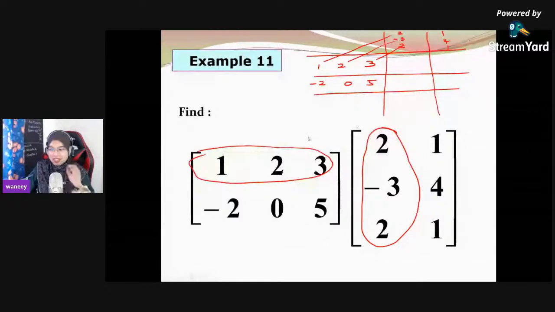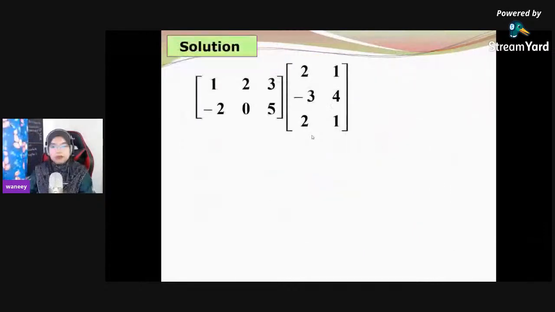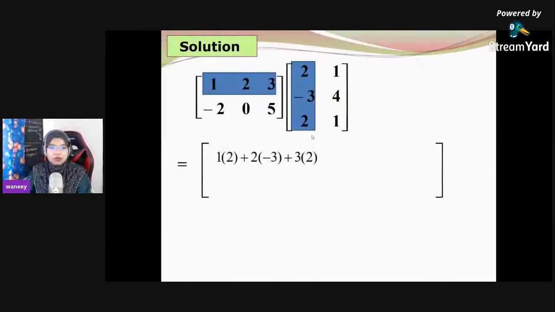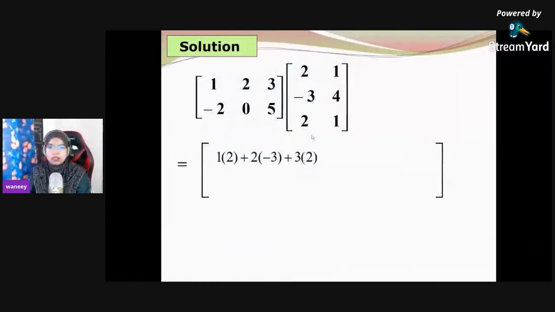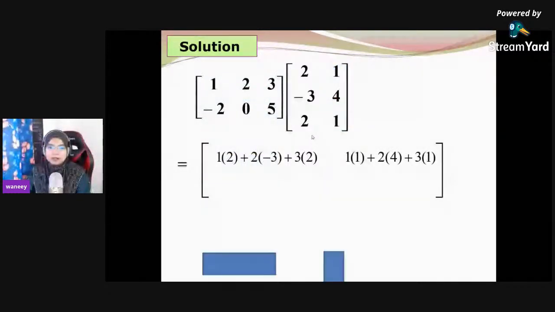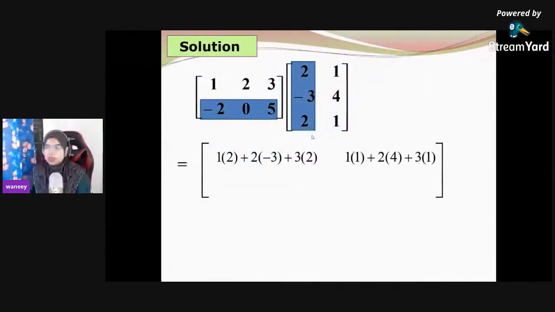Okay, so now let us check. Since some of you already have the answer, let us check. We should times the row with the column. So it will be 1 times 2, 2 times -3 plus 3 times 2. And then first row, second column: 1 times 1, 2 times 4, 3 times 1. -2 times 2, 0 times -3, 5 times 2.